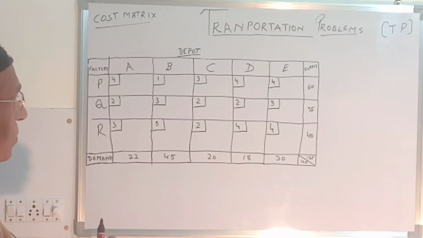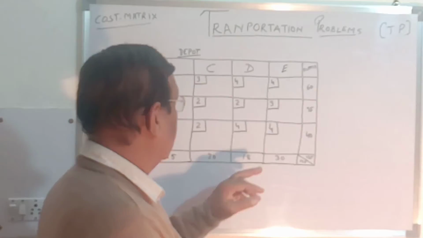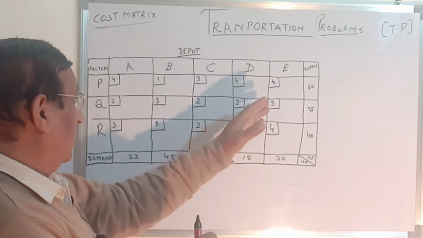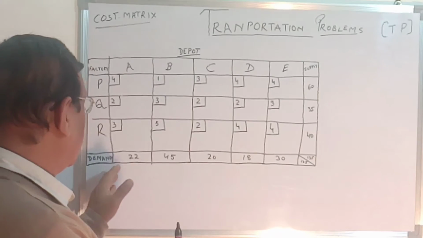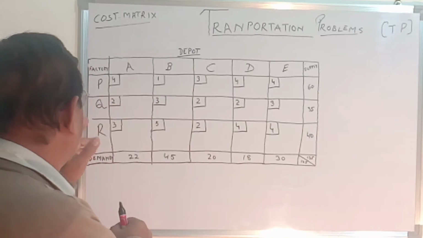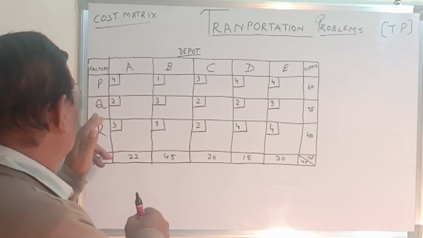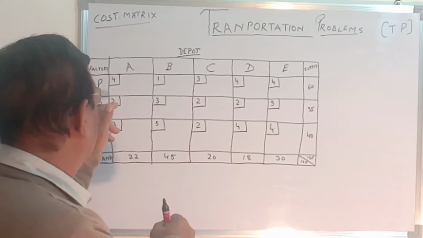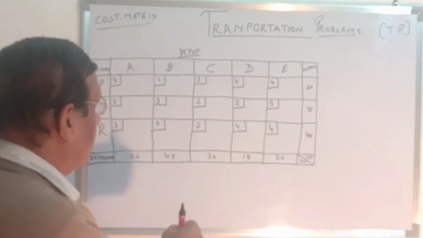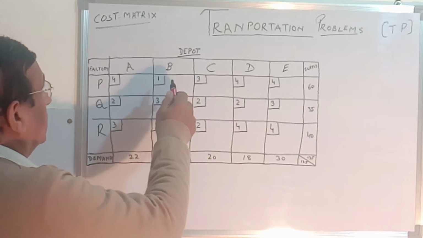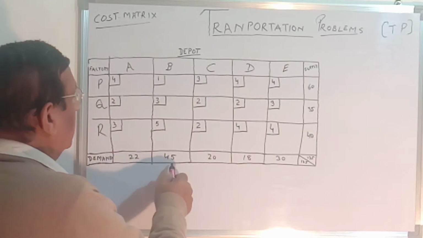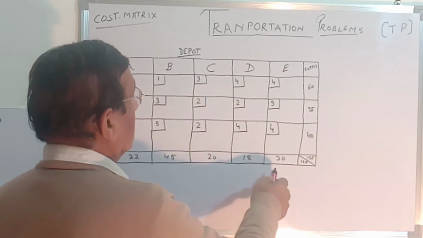So the problem is to allocate the various elements as per the demand. I have taken this case as of factories, say P, Q, R factories, and production at factory P is 60 units, Q is 35, and R is 40, and depots, say at A, demand is 22, 45, 20 in units.